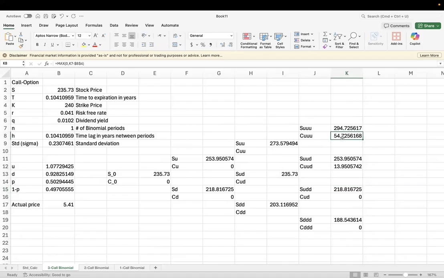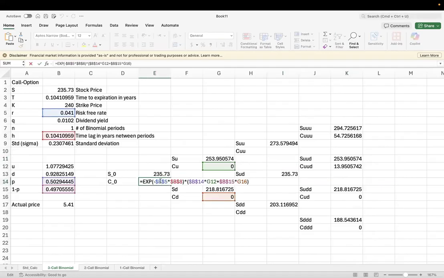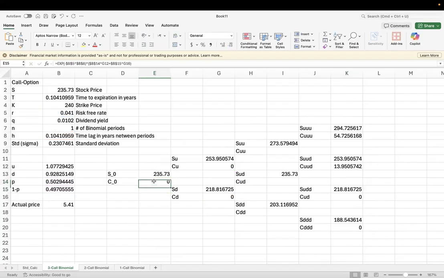From the call option at the last node, you calculate the call option at the one-to-last node. How? Again, the formula that we have. The formula is this. I'm going to copy this formula, then paste it here, here, and here.